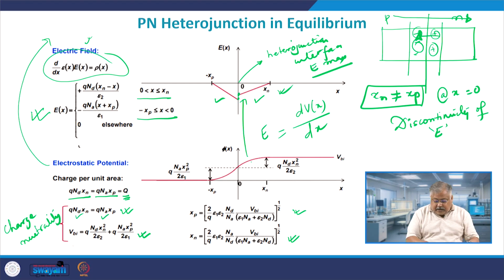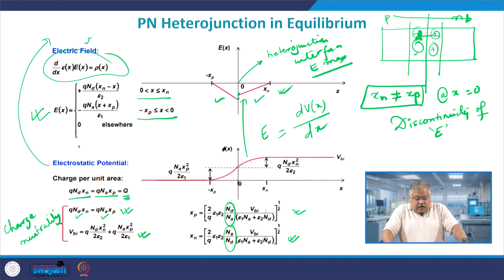Interestingly, let us take xn, that is easier to understand. If you look very carefully between these two equations, everything looks exactly the same, only thing is that this is Nd by Na and this is Na by Nd. Na is the acceptor ion concentration which you are putting for the p type material, and Nd is the donor type material, and just the reciprocal of that is basically your xn.